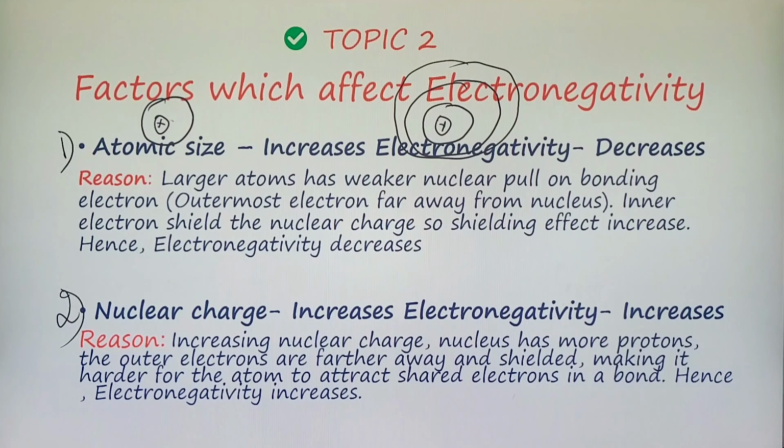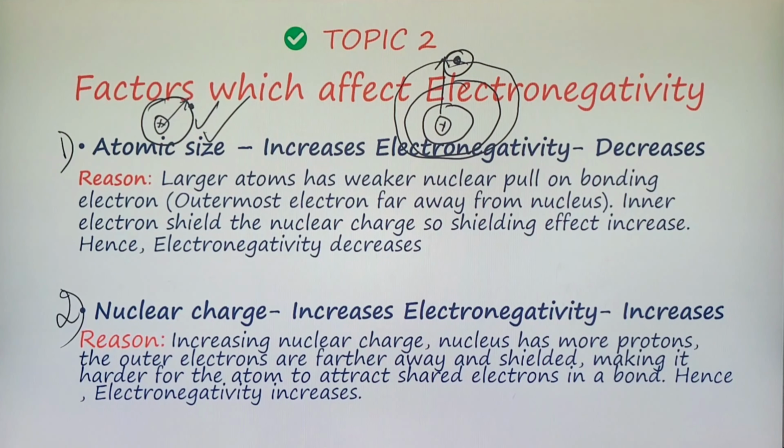Now what is electronegativity, children? We know electronegativity is the tendency of an atom to attract an electron. Which one do you think will be able to attract the electron more easily? It will be, of course, this atom X. Yes or no? So remember this, the smaller the atom, the closer the nucleus is to the electron, and the more effectively it can pull the electron.